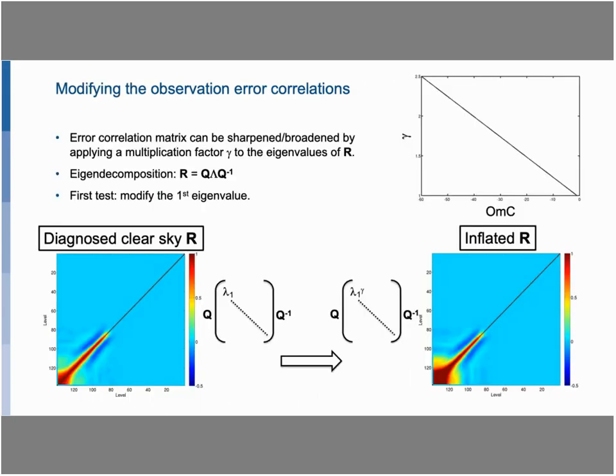So we developed also a model to modify the observation error correlations. Depending on the cloud amount, there's an inflation factor that we apply to the clear sky error correlation, and then end up with the inflated R. So depending on how much cloud there is in the scene, we inflate a little bit or a lot the error correlation matrix in the assimilation.